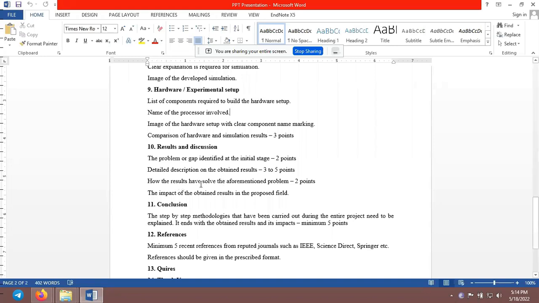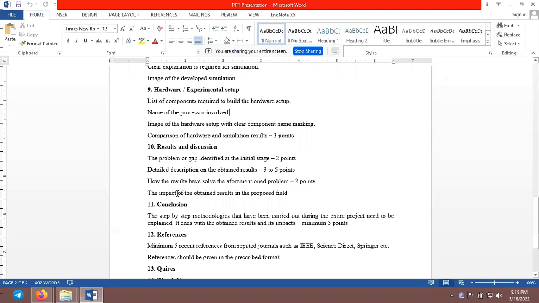And a detailed description of the obtained results, how you obtained the results, and the analysis on the results, which you should explain after making some testing. I have obtained this much result compared to the previous one during the fault condition. This much result is available, but after clearing the fault, the efficiency has improved. Depending upon your project, the attained result of that problem is explained here.